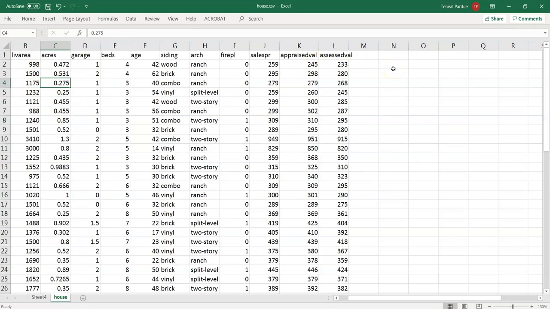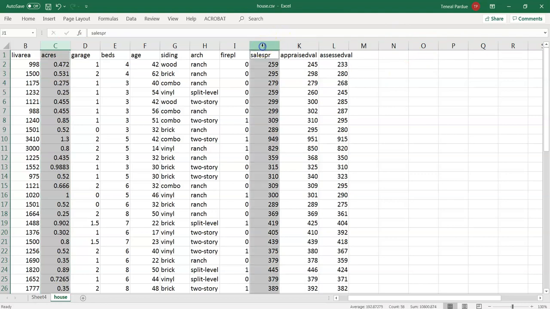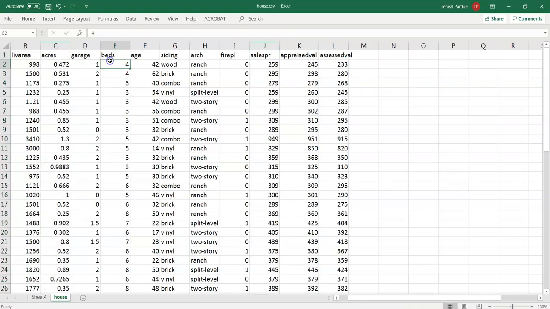If by chance they are not next to each other, if I wanted to do acres versus sales price, I could highlight column C and then hold down the control button and highlight sales price. I've held down the control button the entire time.